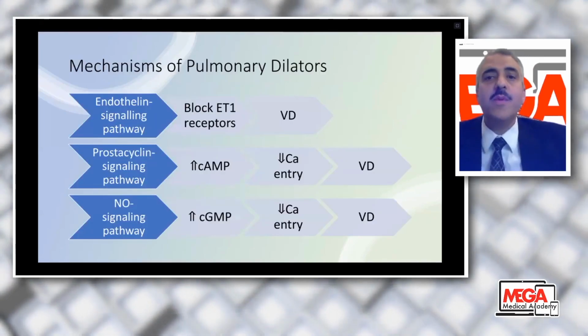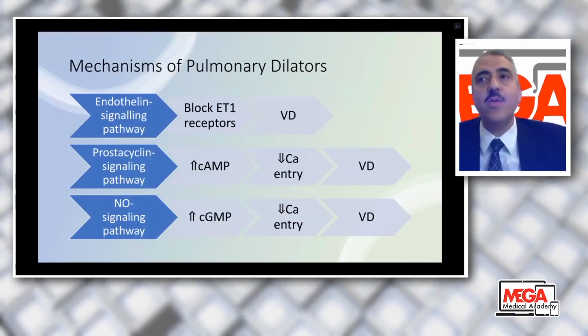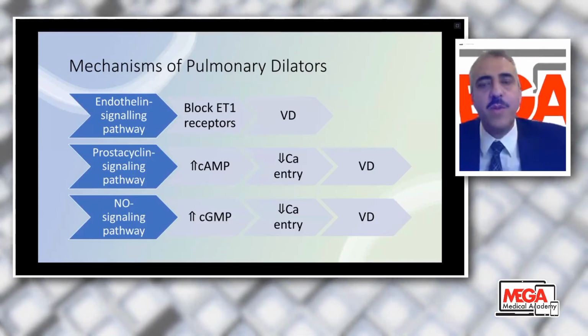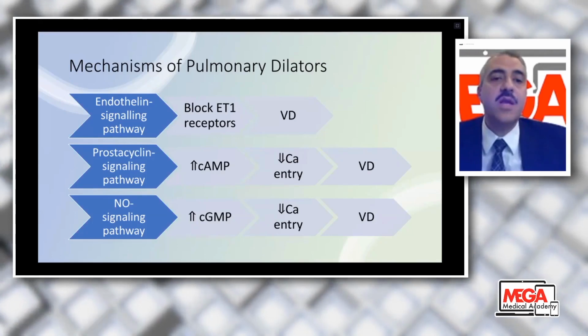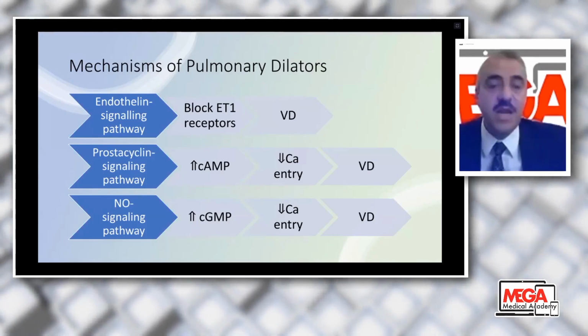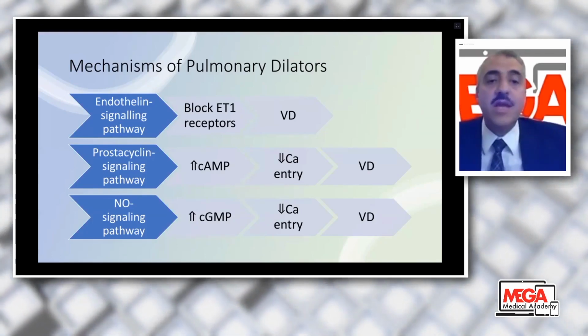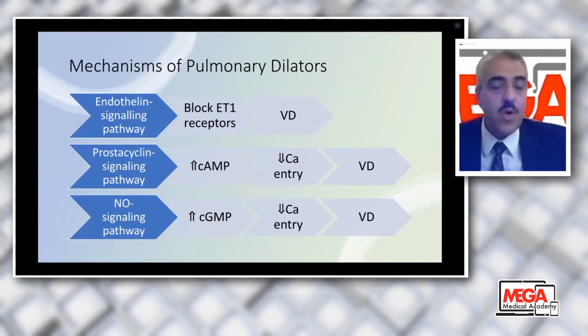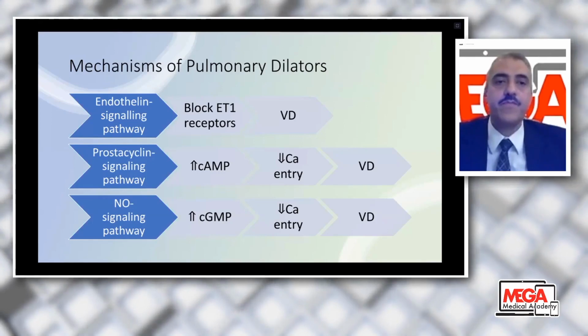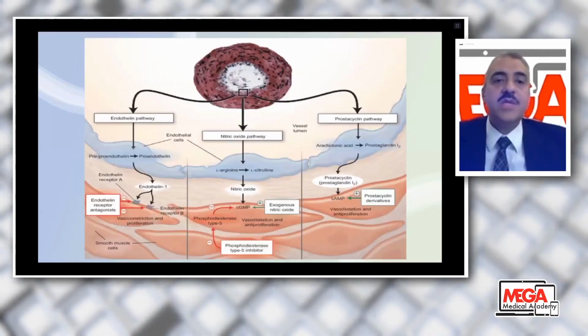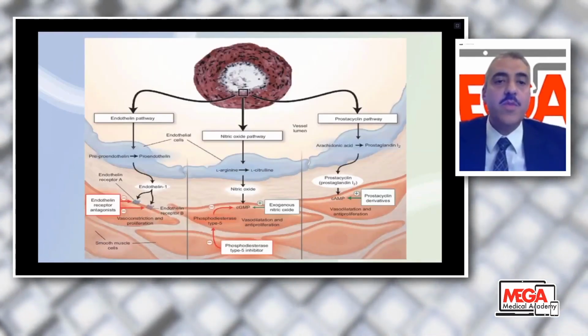Now we need to talk about the pulmonary vasodilators and the available drugs for pulmonary dilation. Pulmonary vasodilators act on one of 3 signaling pathways: either the endothelin signaling pathway, the prostacyclin signaling pathway, or the nitric oxide signaling pathway. Here we can see the endothelin pathway.